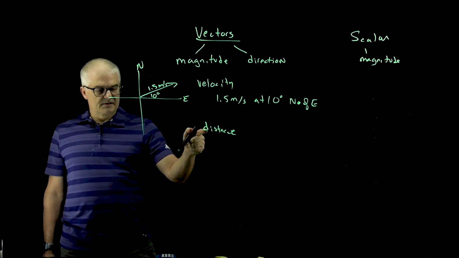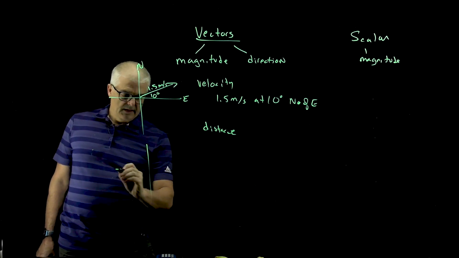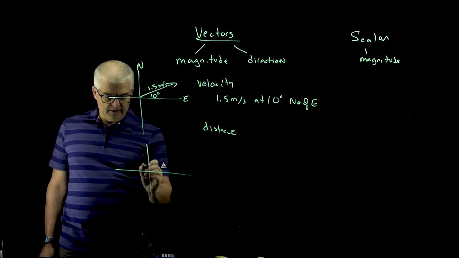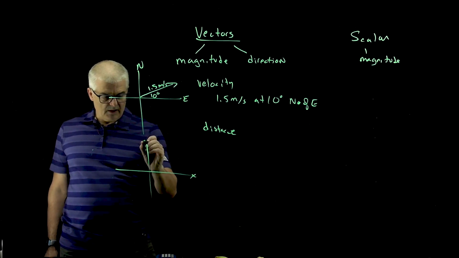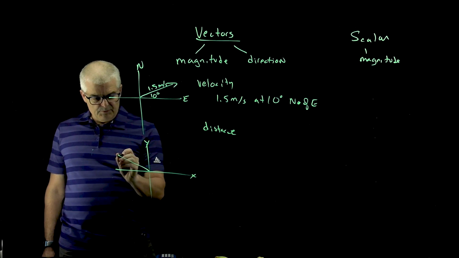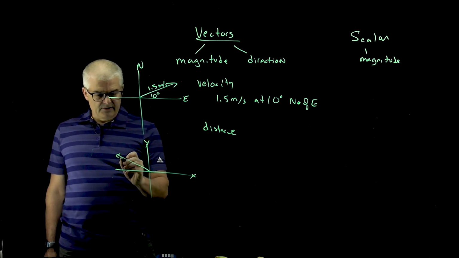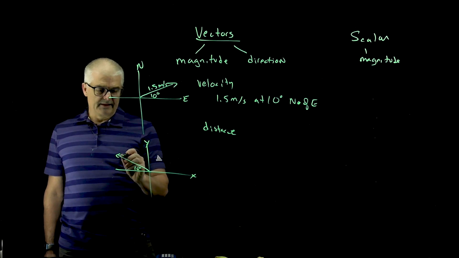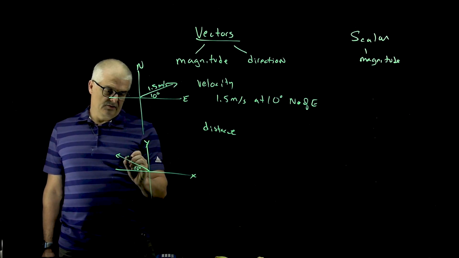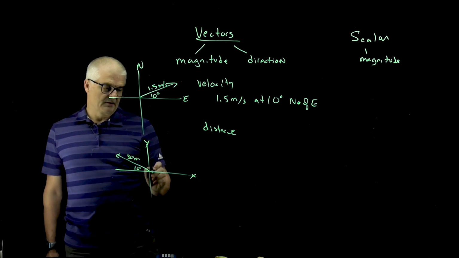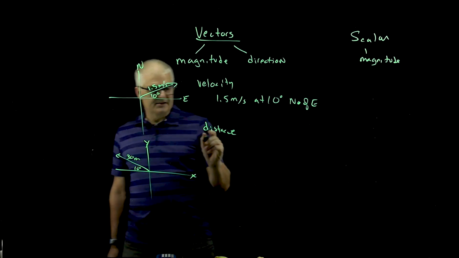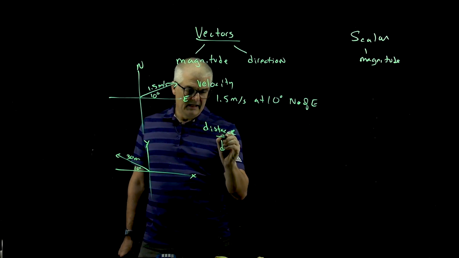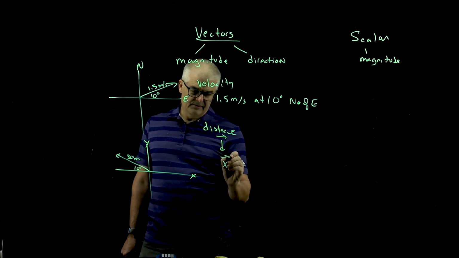So let's do that one. You can also have a distance vector. With a distance vector, let's go in this direction. This is just x and y. I'm going to go boom like this, and let's say I have this at 10 degrees, and this is 30 meters long. For a distance vector, we would say d arrow, sometimes x arrow, same idea.